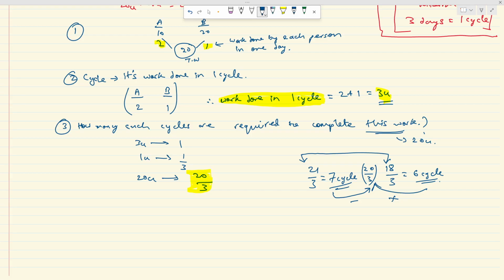Make sense? तो 20 by 3 is around 6 point something. मुझे something क्या मुझे नहीं पता है, नहीं जानना मुझे. तो मुझे इतना पता है कि मुझे 6 पूरे साइकिल लगेंगे.